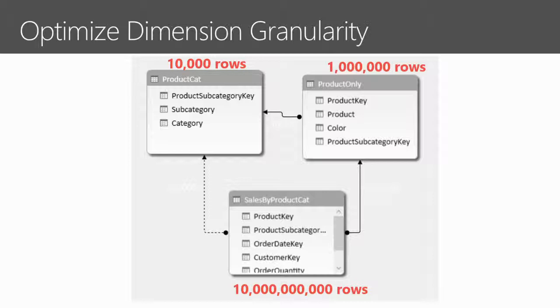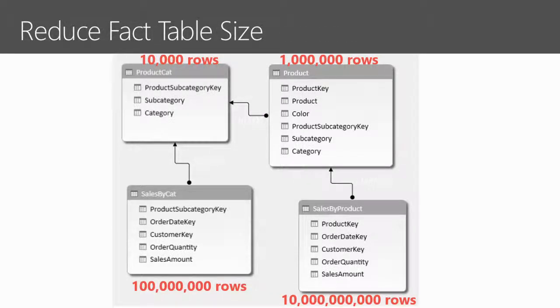I can try to optimize the dimension granularity, which means most of my queries will be by category and subcategory, for example, and I will not always do a query at the product level. If I want to obtain a better optimization, having this virtual relationship will help me, because I can have an aggregation here and a relationship that has a lower number of unique values, which helps the performance a lot.